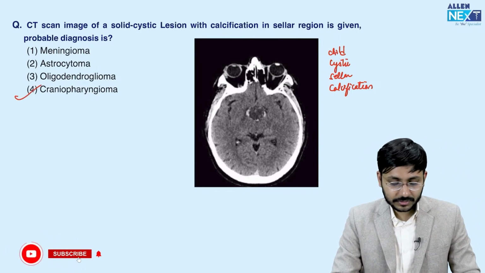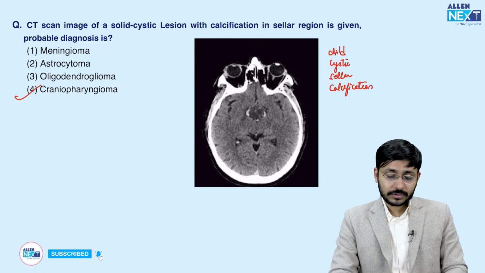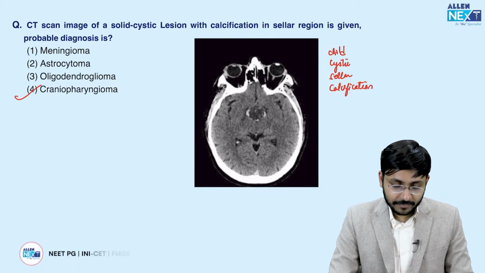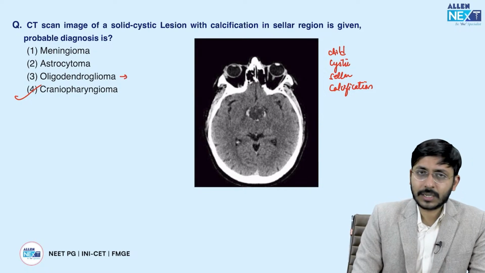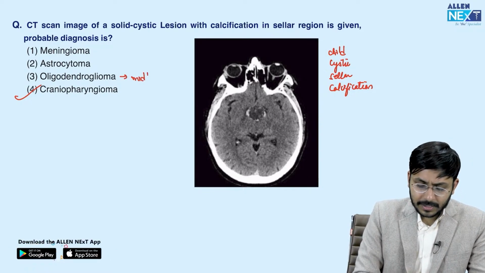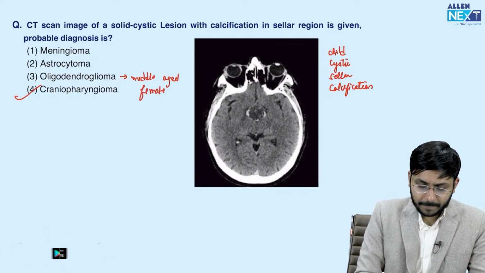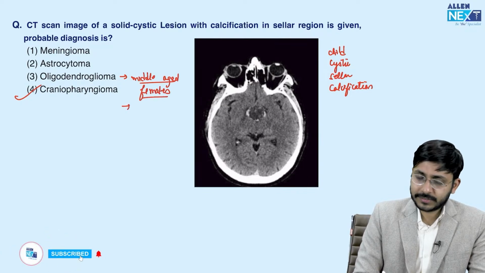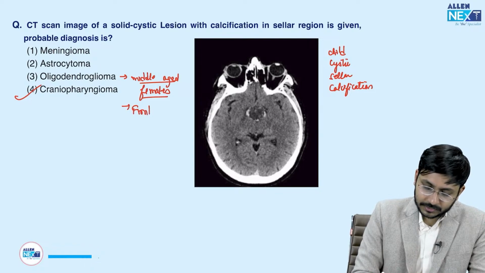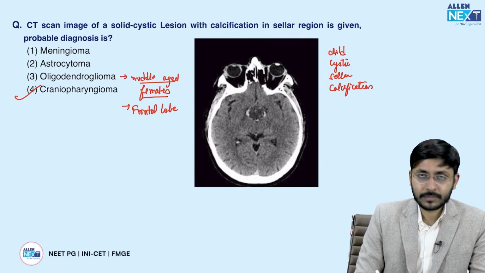Okay, now how does an oligodendroglioma look like? The option C, how does it look like? First of all, oligodendrogliomas occur in middle-aged females. First point. Second point, there is preponderance for frontal lobe involvement.